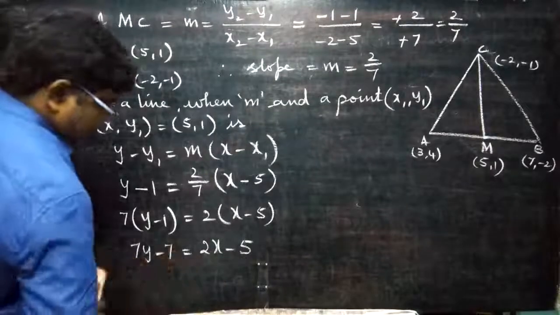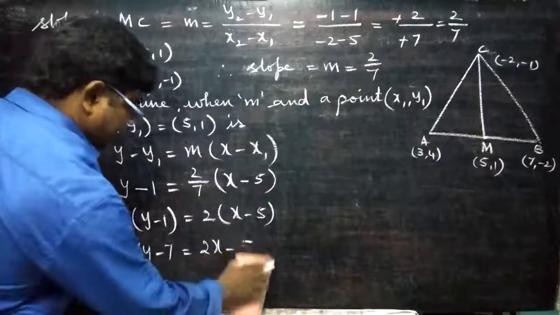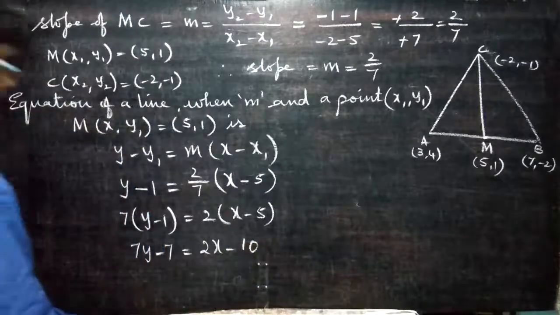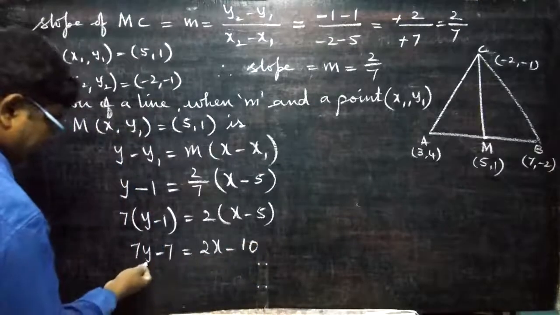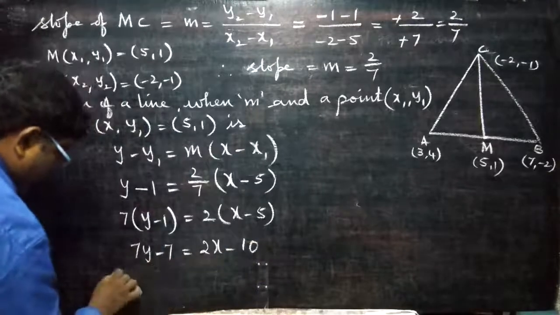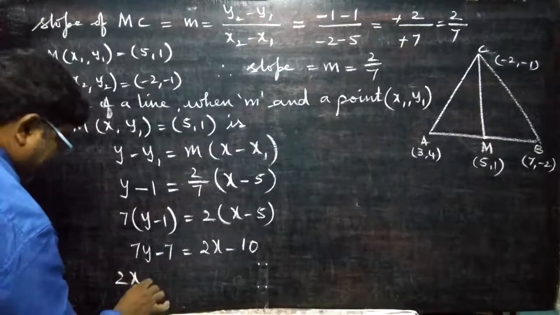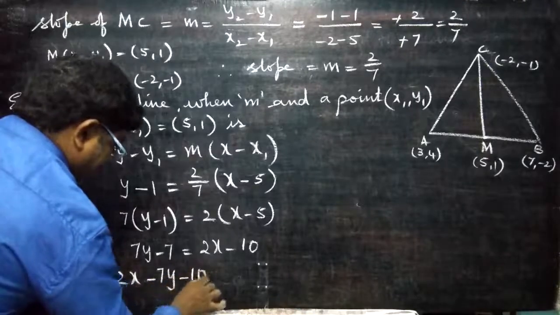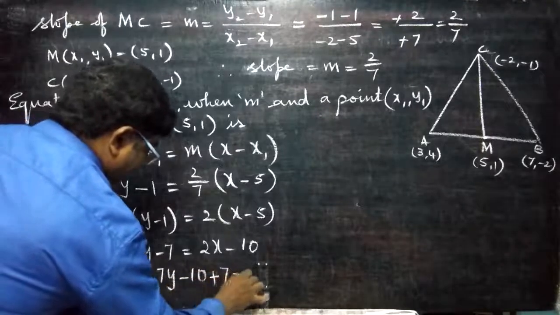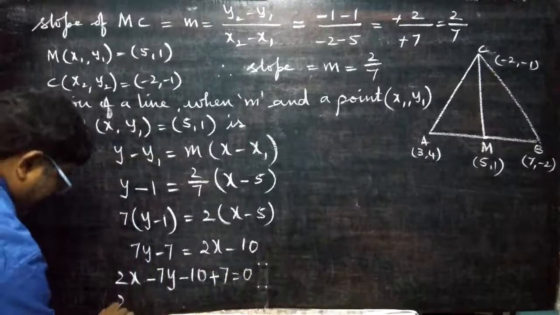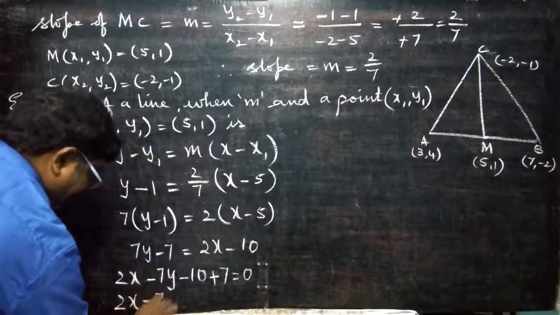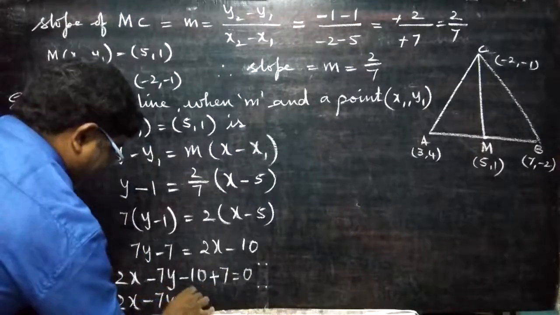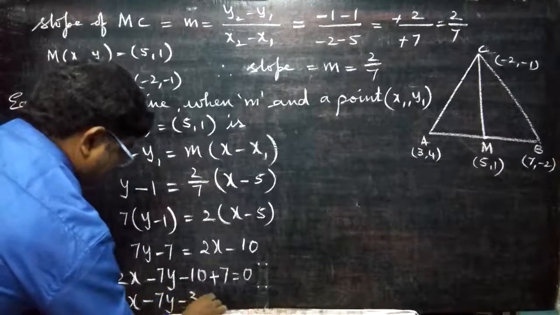Once all of you see, 2x minus 2 5s are 10. Now simplify. Bring this left one to right side. So 2x minus 7y minus 10 plus 7 is equal to 0. Simplify: minus 10 plus 7 is minus 3.